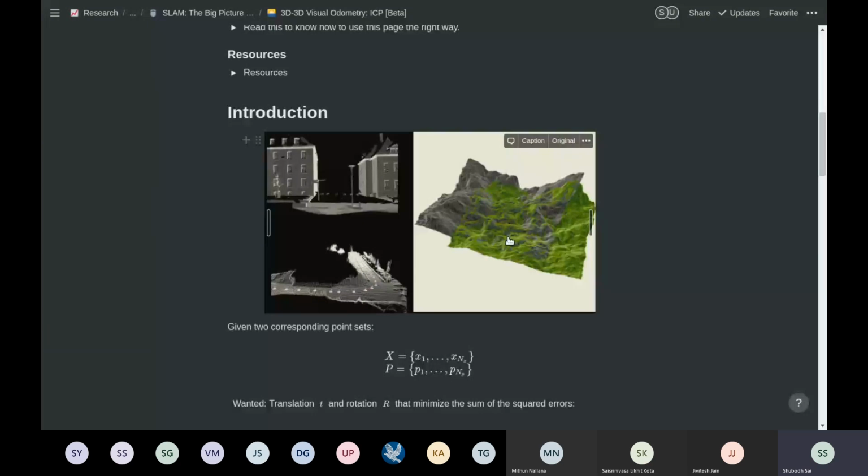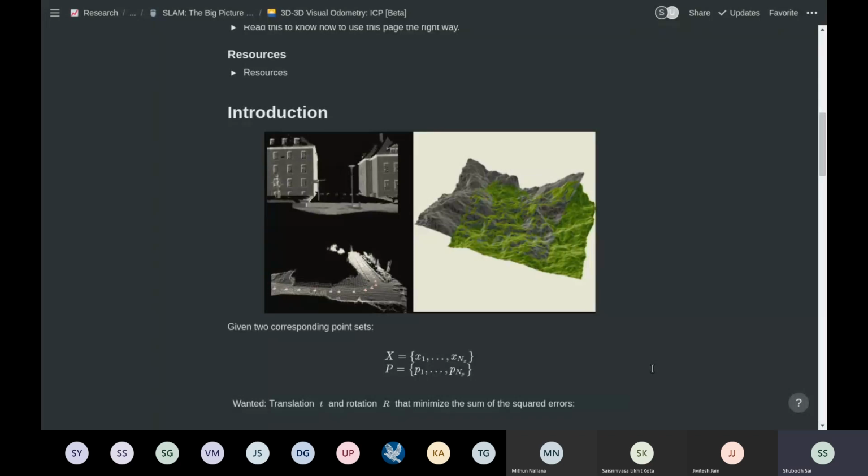A practical example would be you're traveling in a car. Let's say you're looking at a building which is 10 meters away from you, and you have moved 5 meters. Now it will look to you like the building has come closer by 5 meters, although the building was a static thing right there.